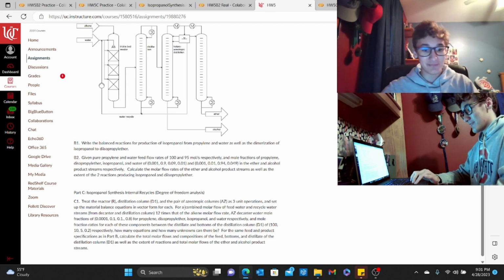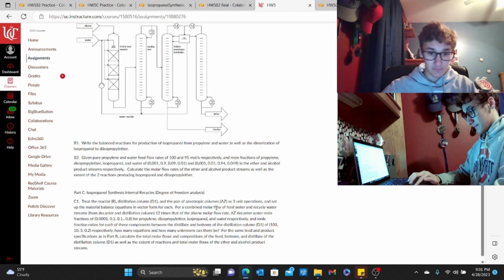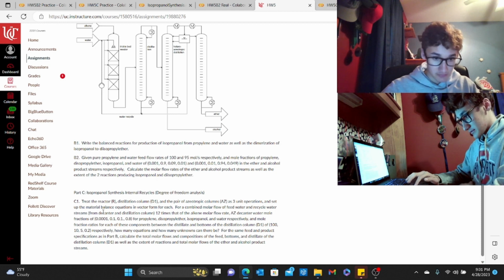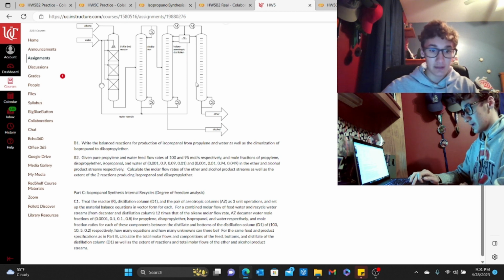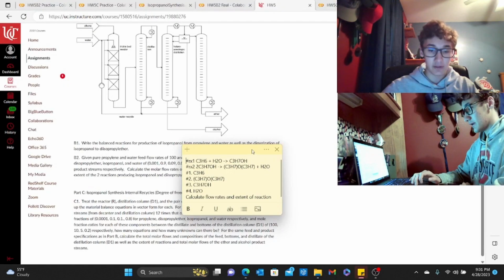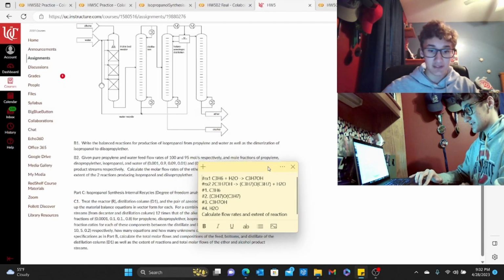For a combined molar feed rate, for a combined molar flow of feed water and recycle water streams from the decanter and distillation columns, 12 times that of the alkene molar flow rate. And so what that means is the water that comes in along with the water that is recycled from the reactions, as again, this is from homework 5B, but this has the equations on it.